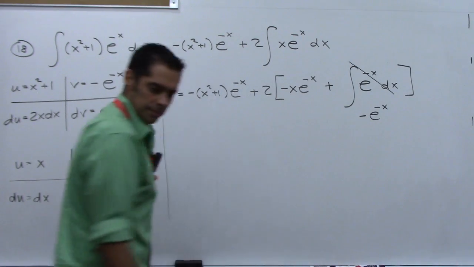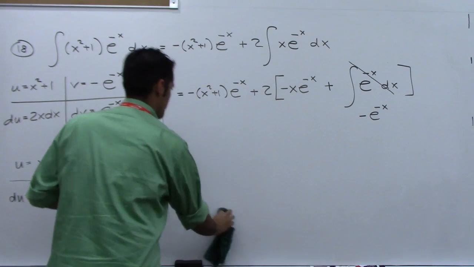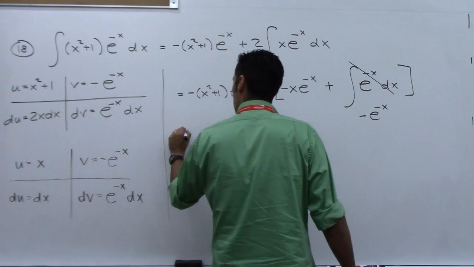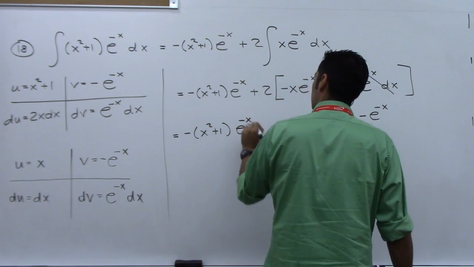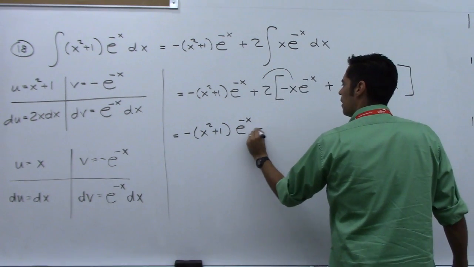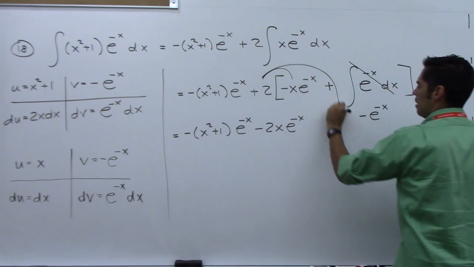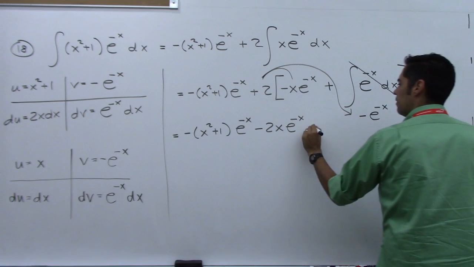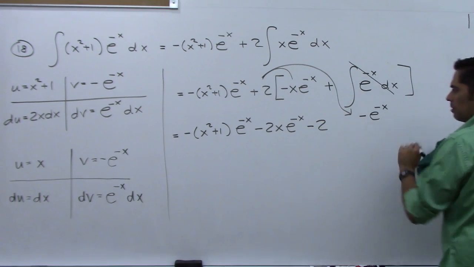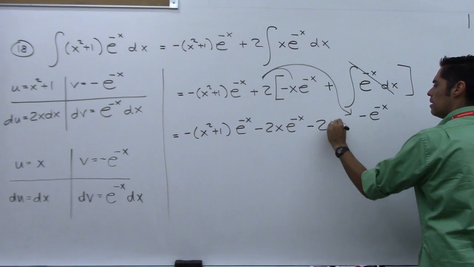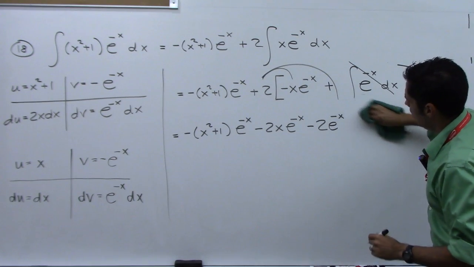So our answer is negative x squared plus 1 e to the negative x. 2 goes through here, negative 2x e to the negative x. 2 goes to here, right? So negative 2 e to the negative x, and then plus c.